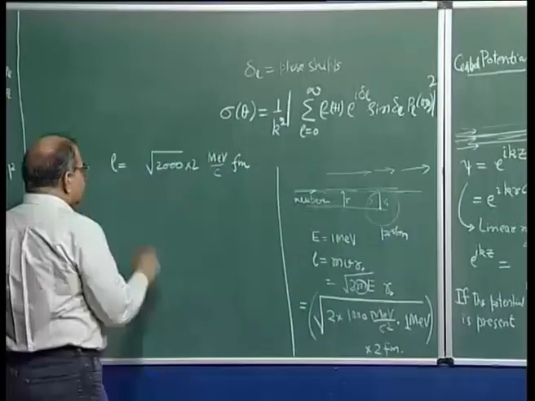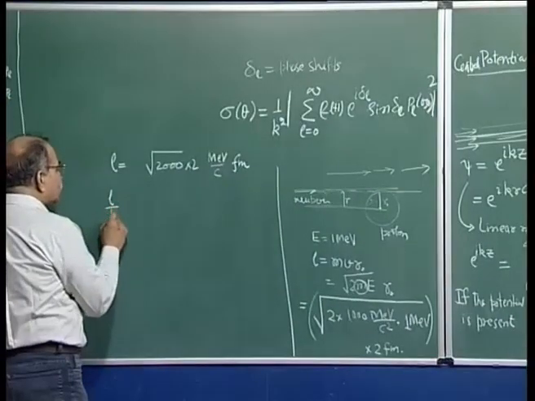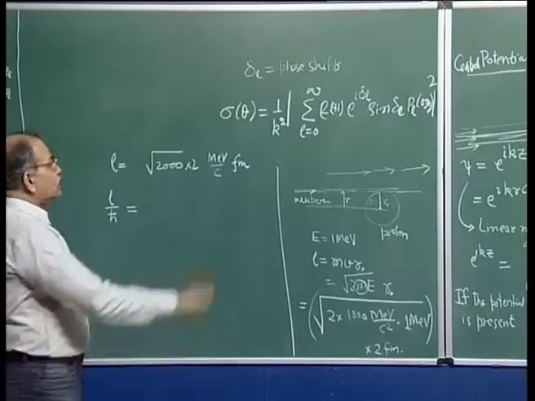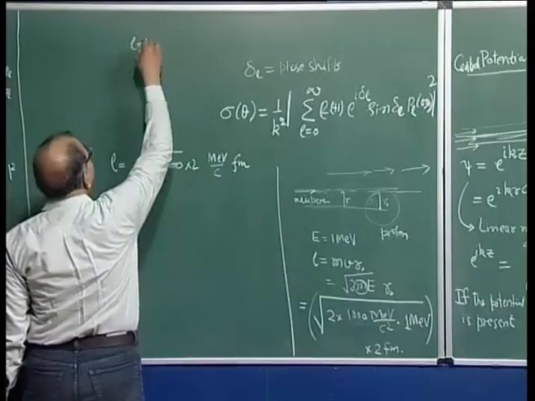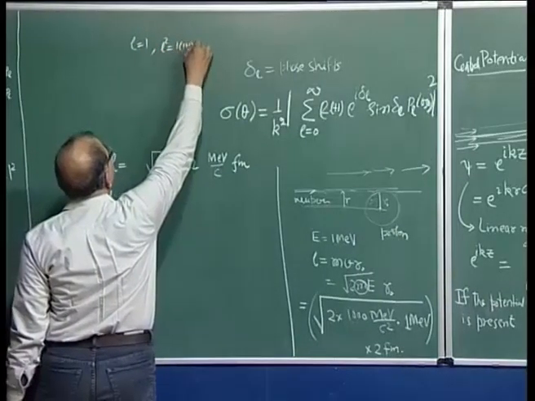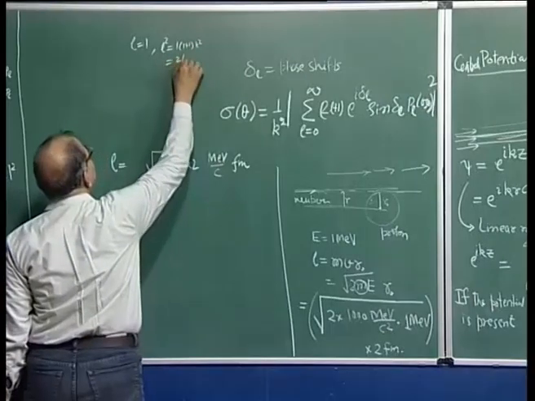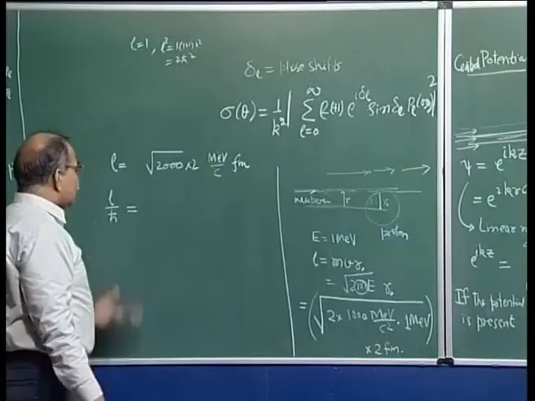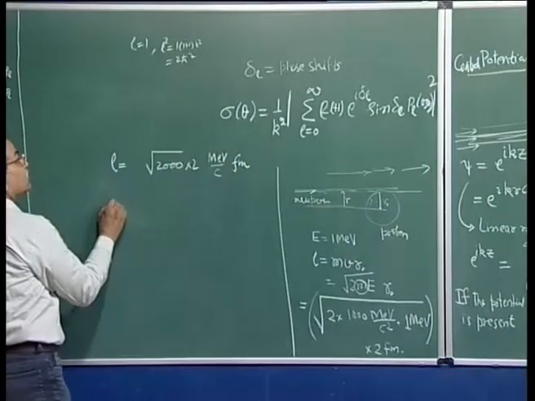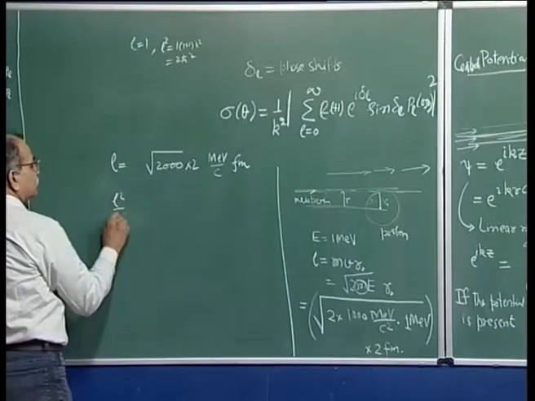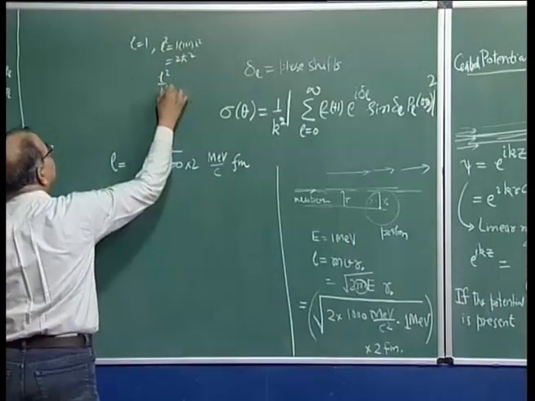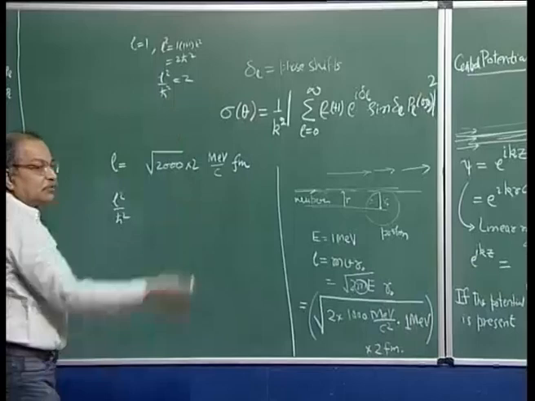Let us work out what L by ħ is, because if L is equal to 1, L squared is 1 times (1+1) ħ squared, that is 2ħ squared. So let us write L squared by ħ squared; it should be 2 if L is 1.